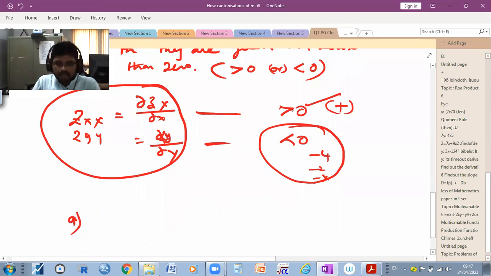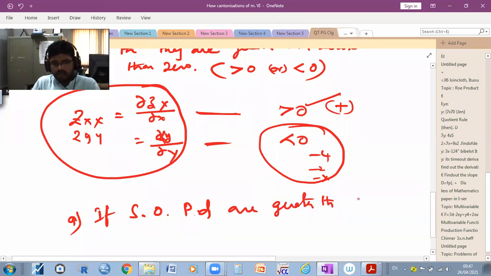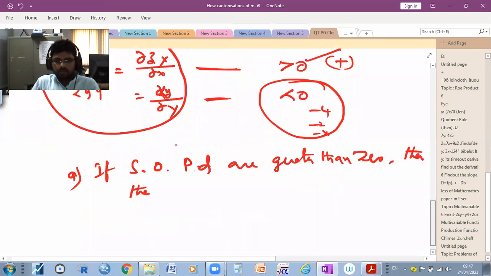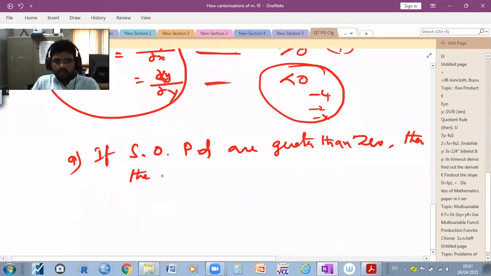I am writing a shortcut: if the second order partial derivatives are greater than 0, then the function is minima.